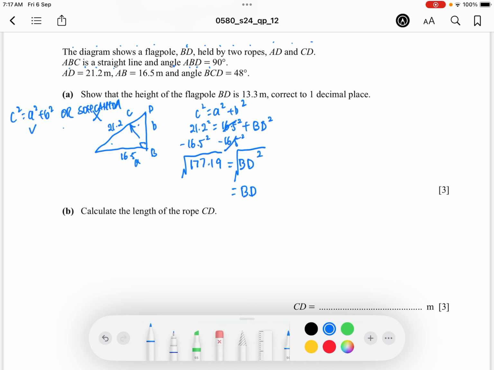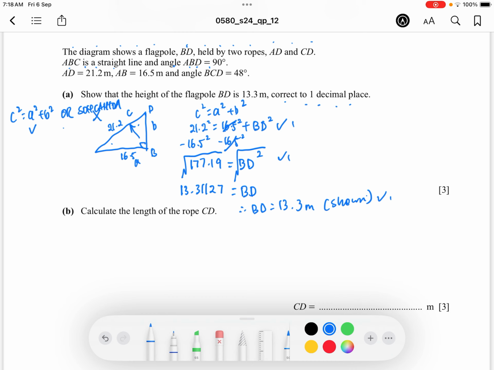Square root of 177.19 is 13.31127, and then correct to one decimal place, BD is equal to 13.3 meters, shown. Writing down the numbers correctly gives you 1 mark. Simplifying it will get another mark. And the final answer will give you a final mark.